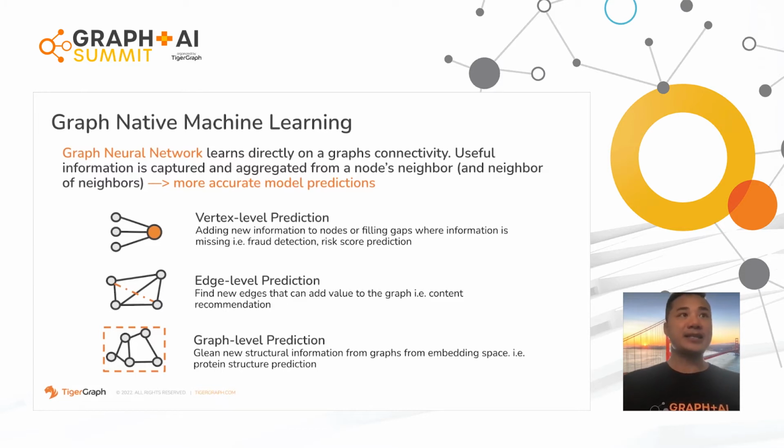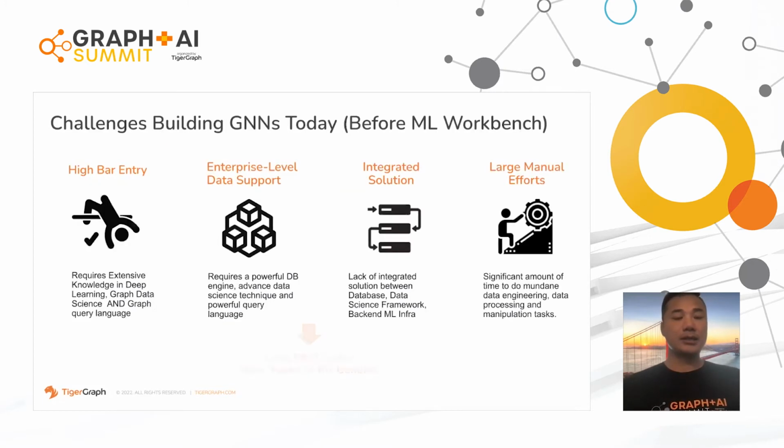And the next is the graph level prediction. An application could be predicting whether a protein structure, given this whole graph, is toxic or not. So these are some sample applications where GNN can excel.